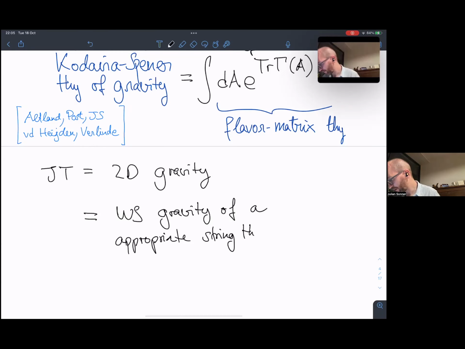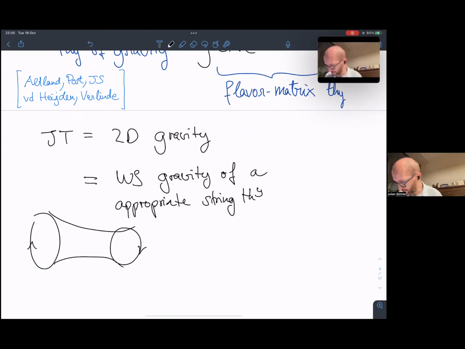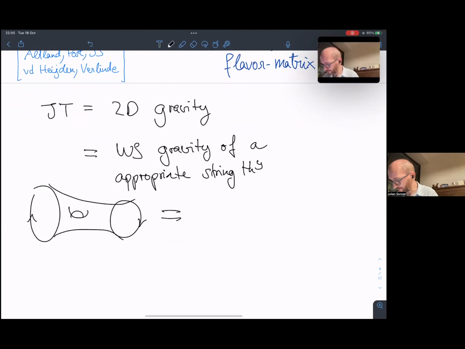Okay, so in this formulation, basically a 2D universe, which might look like the one that I drew, has two boundaries again. So it has one boundary here and one boundary there, and maybe has one hole here. We want to think of this as the worldsheet of a string theory.